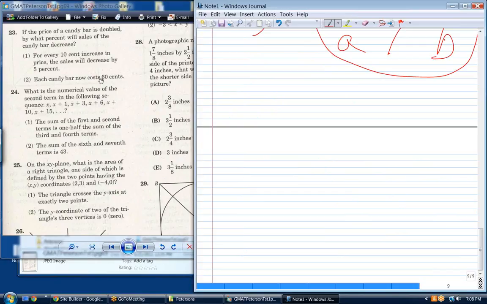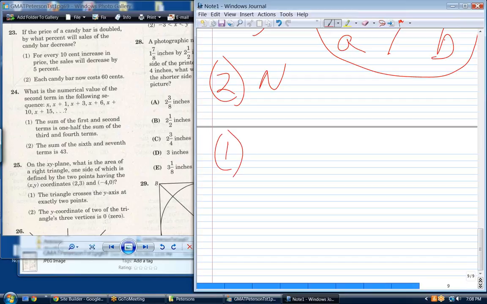Well, each candy bar now costs 60 cents. You don't know anything about that. For every 10-cent increase in price, the sale will decrease by 5%. But you don't know how many, if it's been doubled, can you say that that's 50 cents?